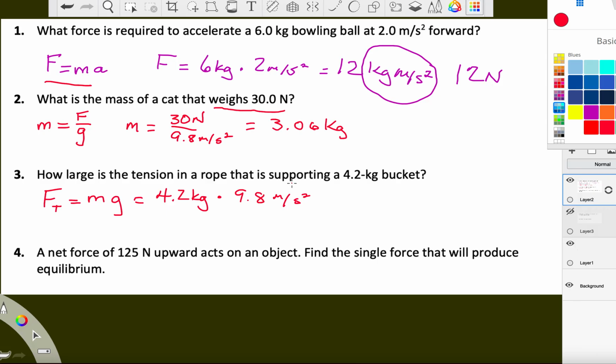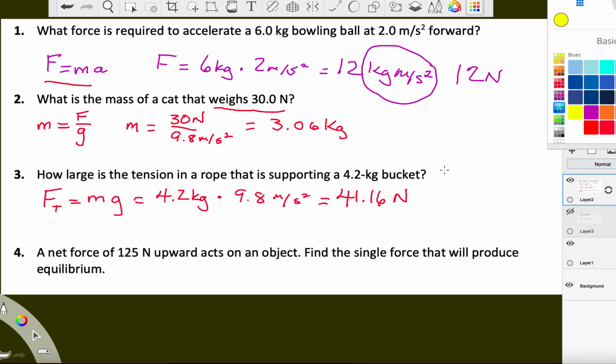And let's see, 4.2 times 9.8, and we've got approximately 41 6/10 newtons of tension.